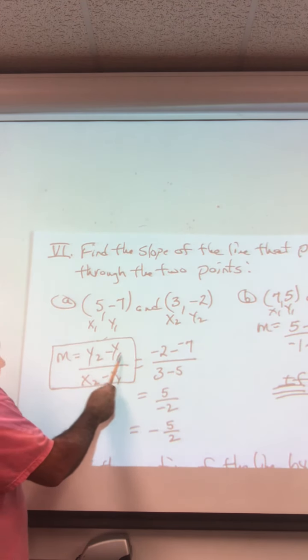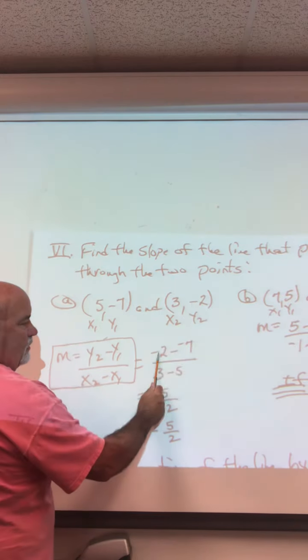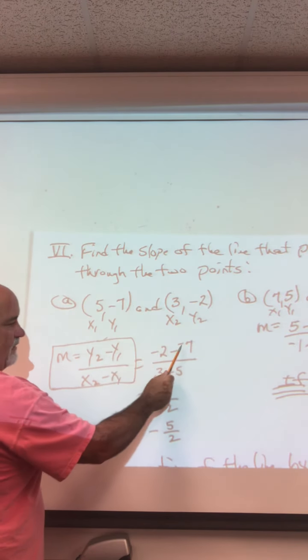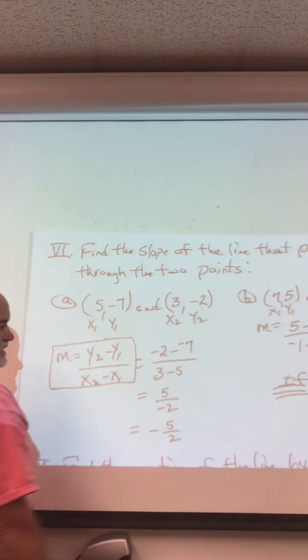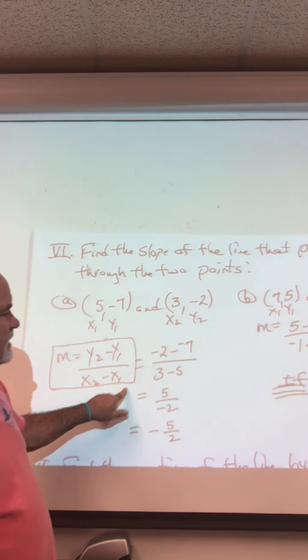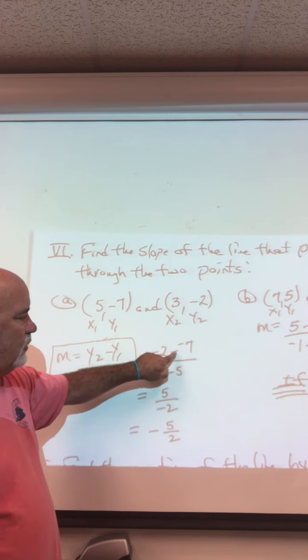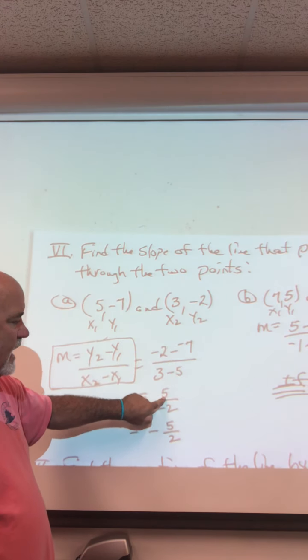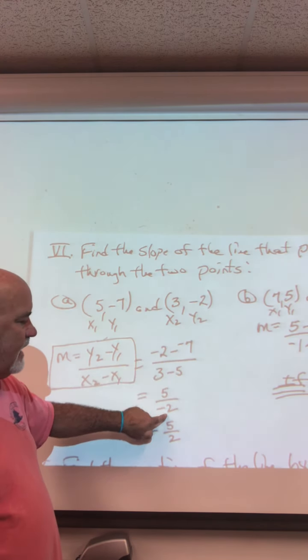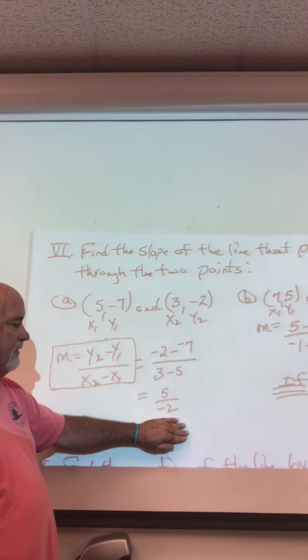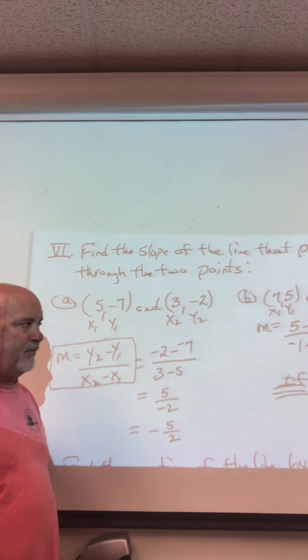Then it's y2 minus y1, which is negative 2, minus a negative 7. That's going to give you plus 7, over x2 minus x1, which is 3 minus 5. So negative 2 plus 7 is plus 5. 3 minus 5 is negative 2. Now you can leave it like that or put the negative out front. Same thing.